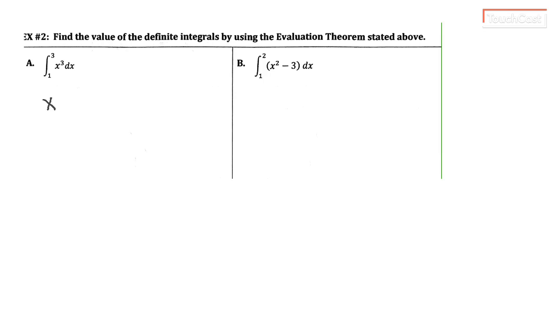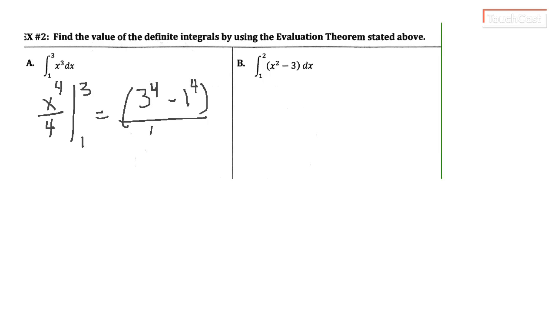We increase the power by 1, so x to the 4th, and we divide by that new power, 4. Now we're going to write this with a 1 and a 3 following it, which means we're going to write this as 3 to the 4th minus 1 to the 4th, divided by 4.